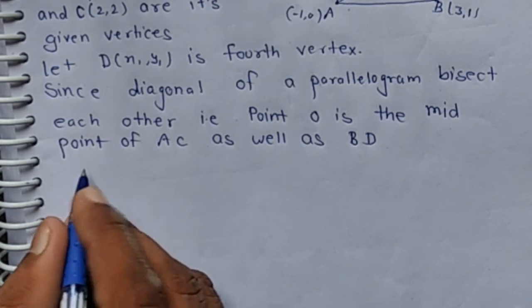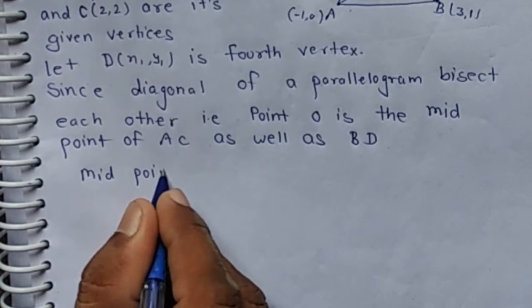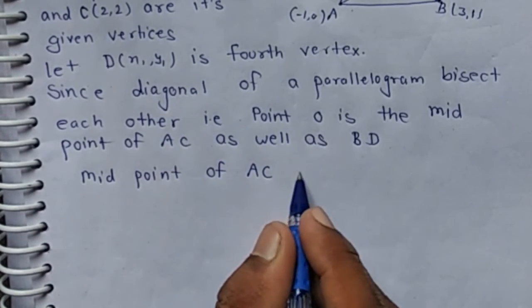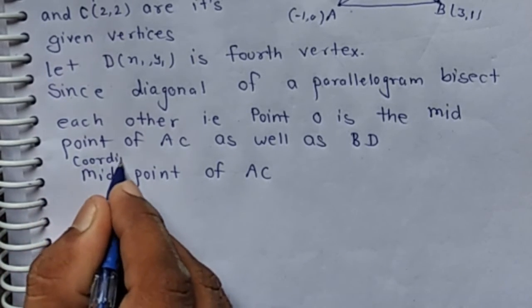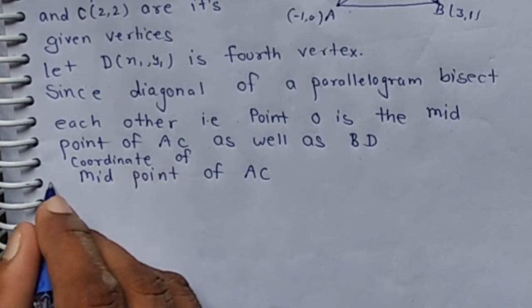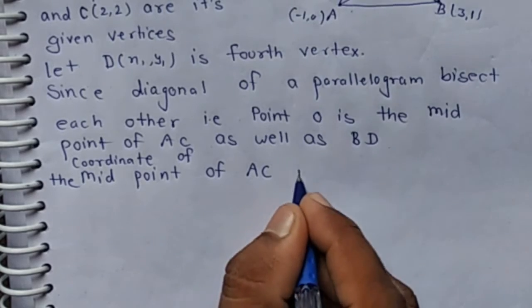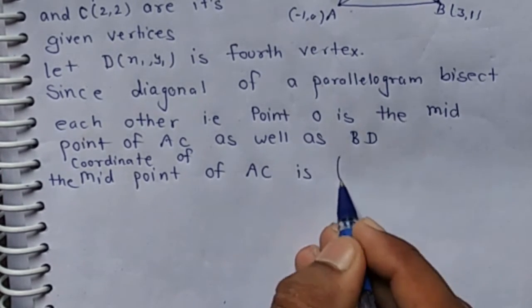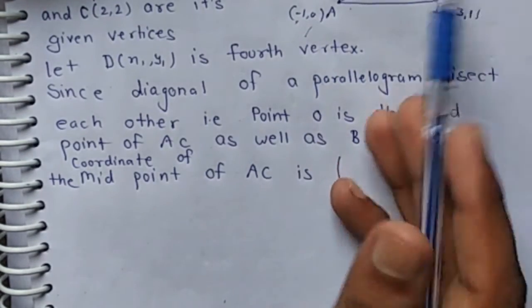Then midpoint of AC, coordinate of the midpoint of AC is x1 plus x2 by 2, y1 plus y2 by 2. Means x1 is -1, x2 is 2.